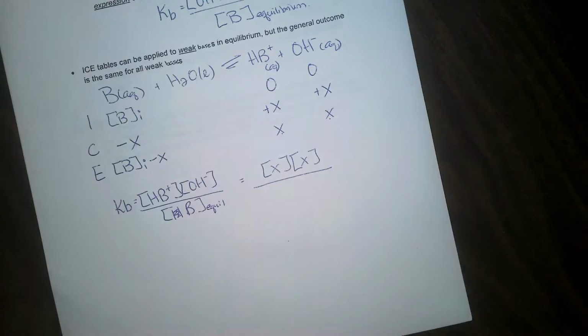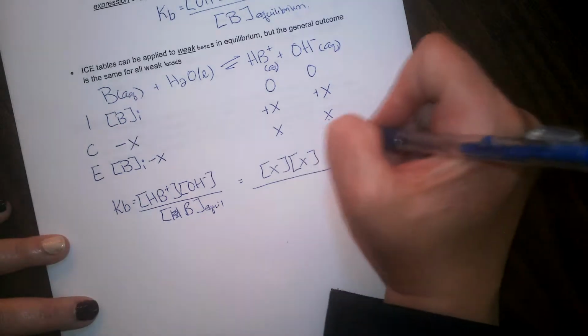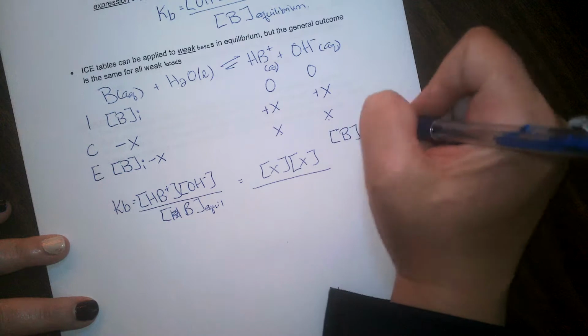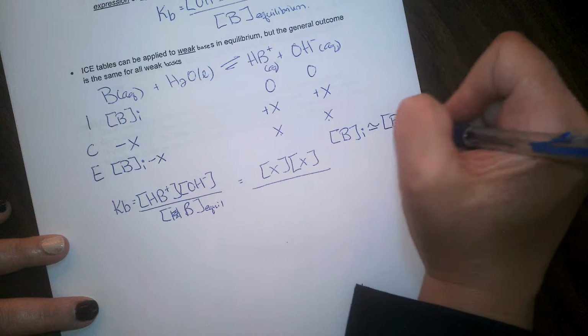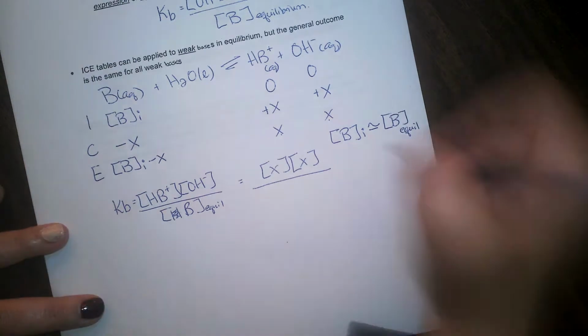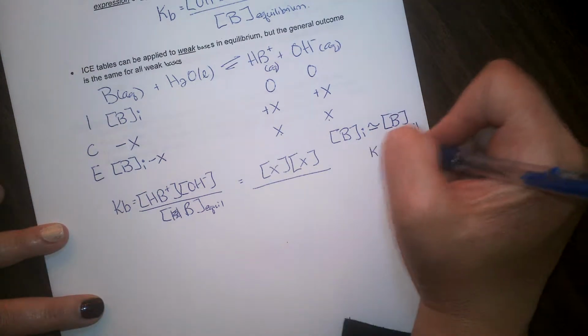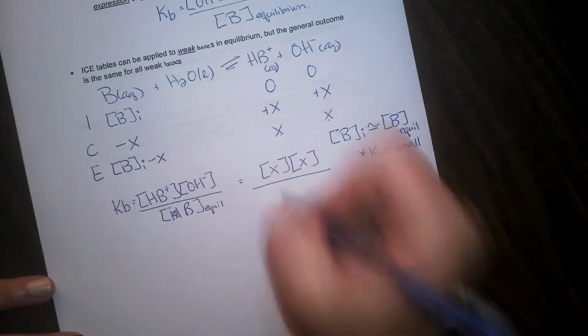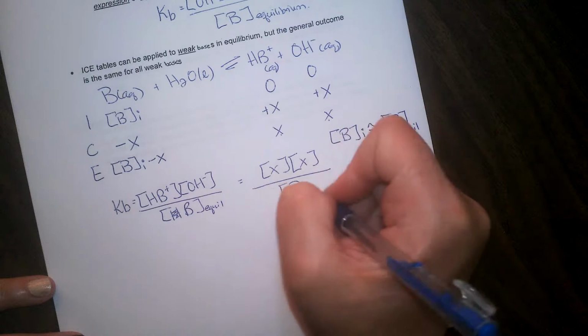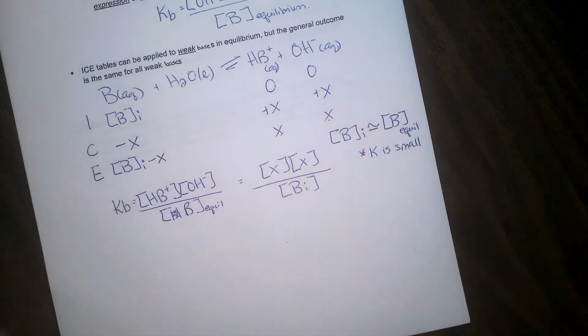And again, weak bases also have a low K value. So according to our whole approximation rule, what we have B initially should be approximately equal to our B value at equilibrium when your K value is small. Okay? So then this here is going to be our B initial concentration.